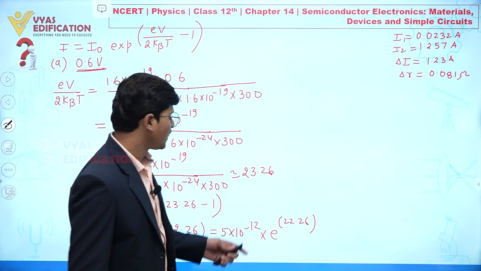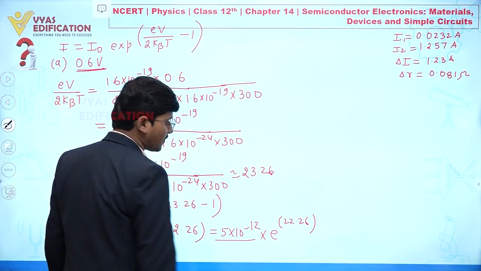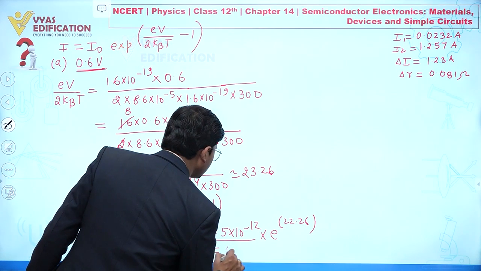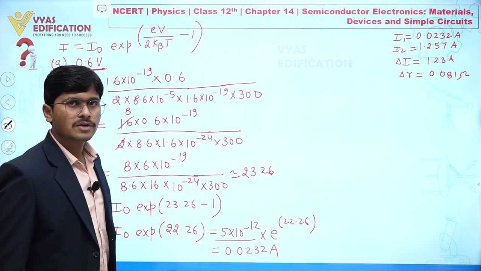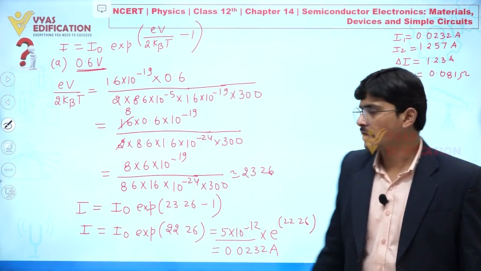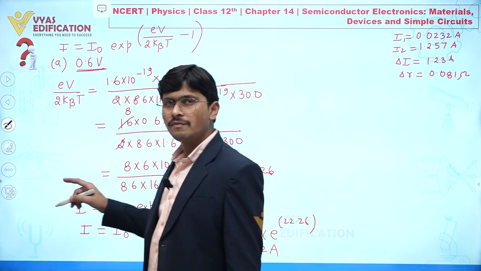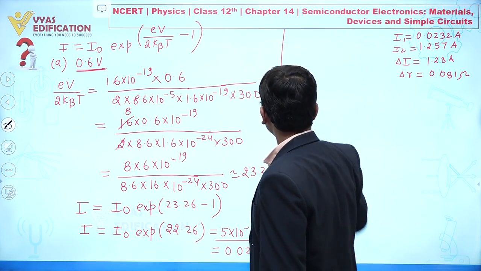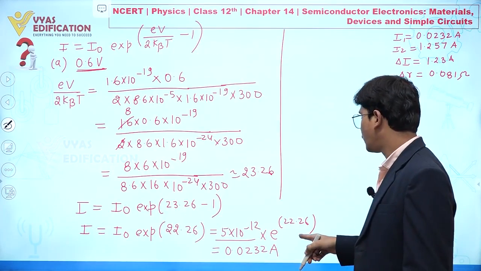Whenever you solve it, you will find this value 0.0232 ampere. So this is the current flowing in forward bias condition when we have voltage 0.6 volt. So this is the answer of part number A. This is the value of forward current.